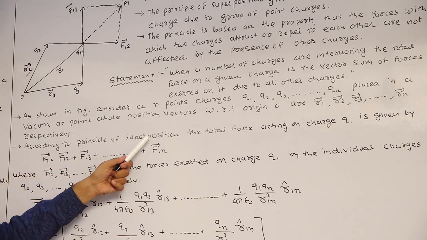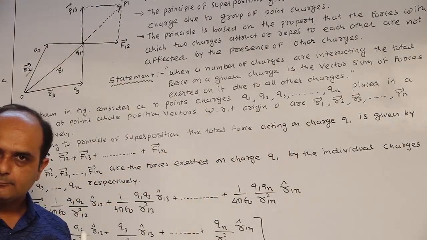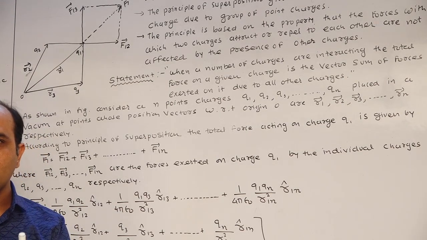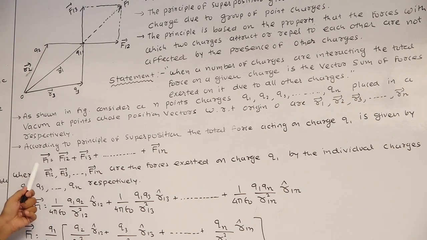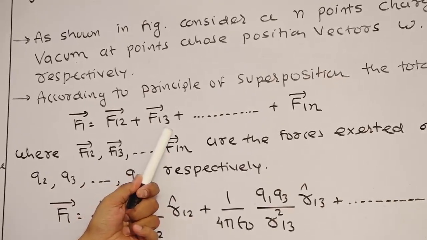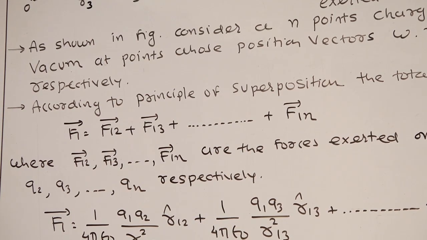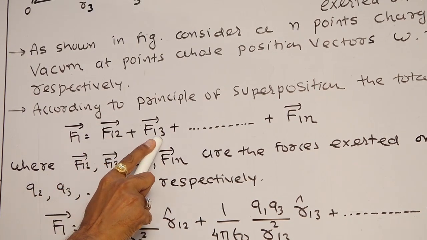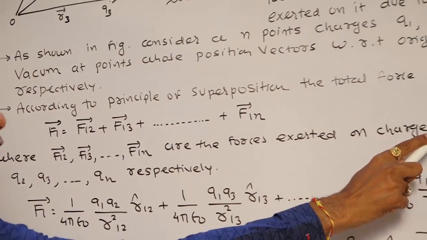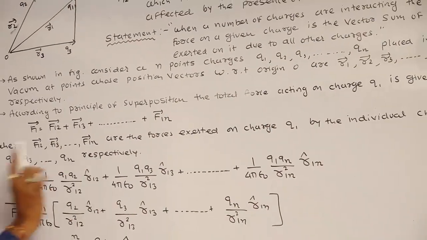According to the principle of superposition, the total force acting on charge Q1 is given by vector F1 equal to vector F12 plus vector F13 plus up to vector F1n, where vector F12, vector F13 and vector F1n are the forces exerted on charge Q1 by the individual charges Q2, Q3 up to Qn respectively.